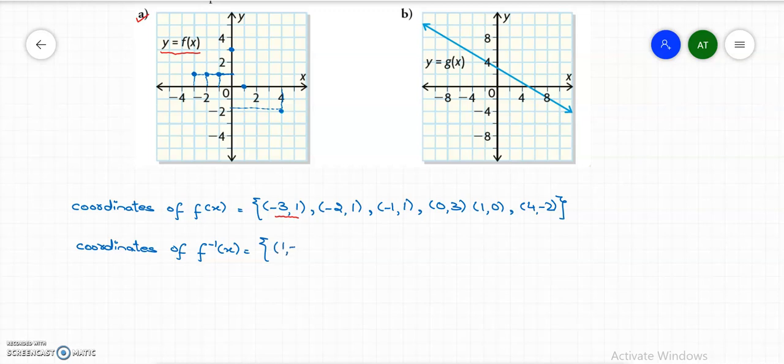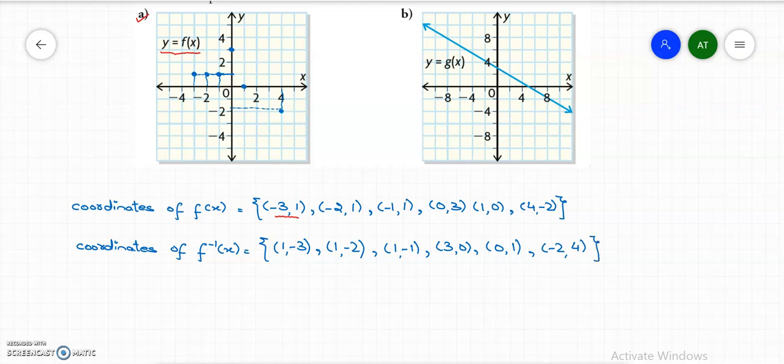So (-3, 1) changes to (1, -3). (-2, 1) changes to (1, -2). (-1, 1) changes to (1, -1). (0, 3) changes to (3, 0). (1, 0) changes to (0, 1). And (4, -2) changes to (-2, 4). So these are the coordinates of f inverse of x.